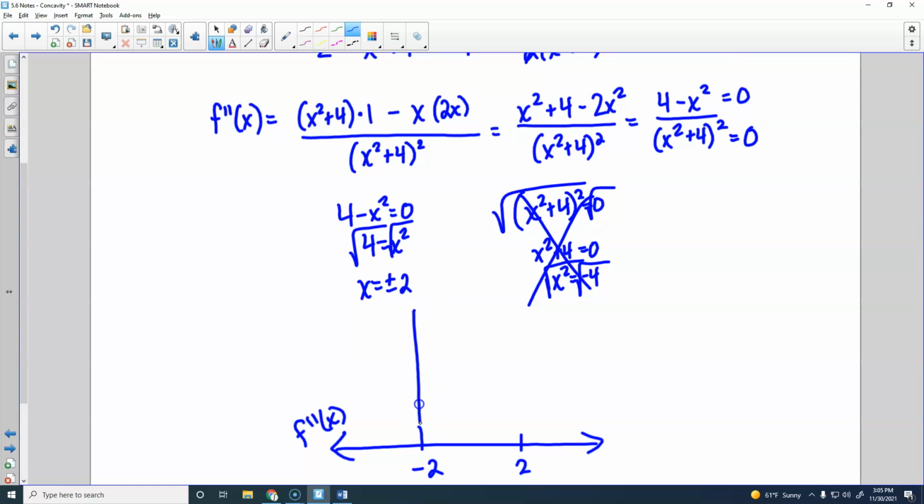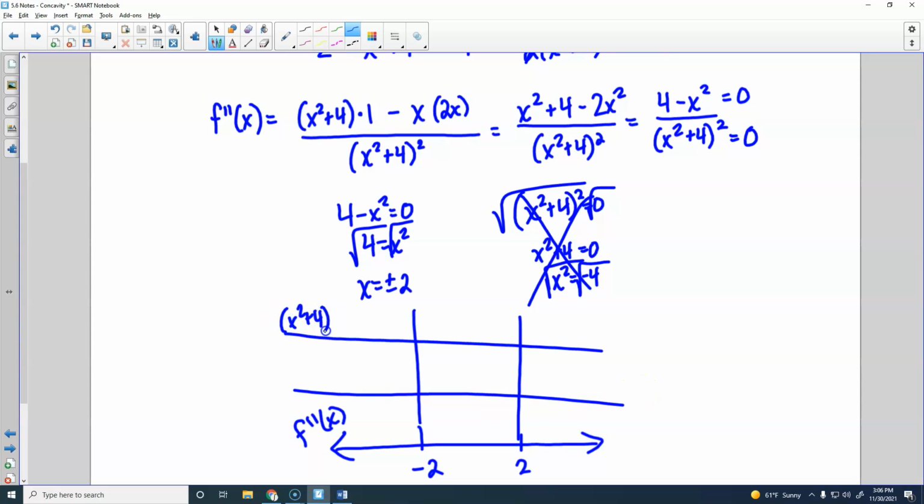So you could leave it off, or if you do include it, x squared plus 4 squared, positive all the way across. 4 minus x squared, if we plug in something like a negative 3, we'll get 4 minus 9, that'll be negative. If we plug in a 0, we'll get a positive in the middle. If we plug in something like a positive 3, we'd get another negative. So we end up with negative, positive, negative here.